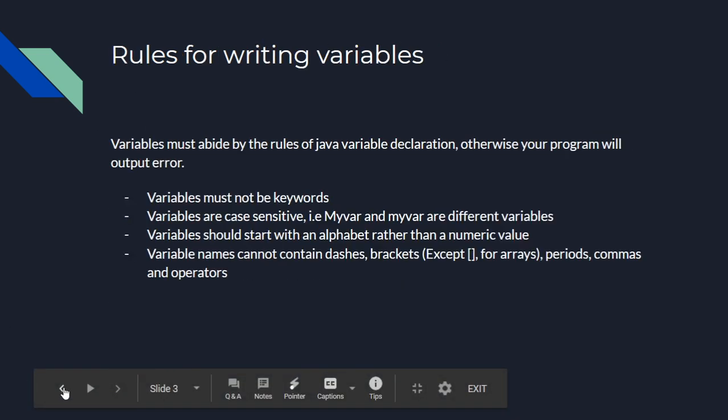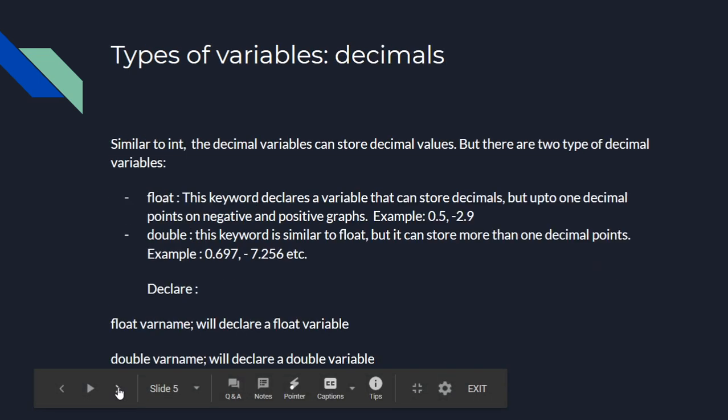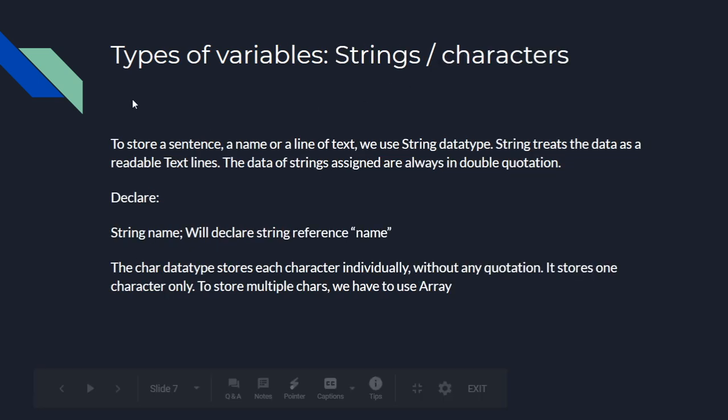Okay, so what we have next is text. Text and characters, I have given them both. Types of variables: strings and characters. Imagine that you have to store your name in a variable. How can you do that? You cannot do it with integers because your name is not a number.